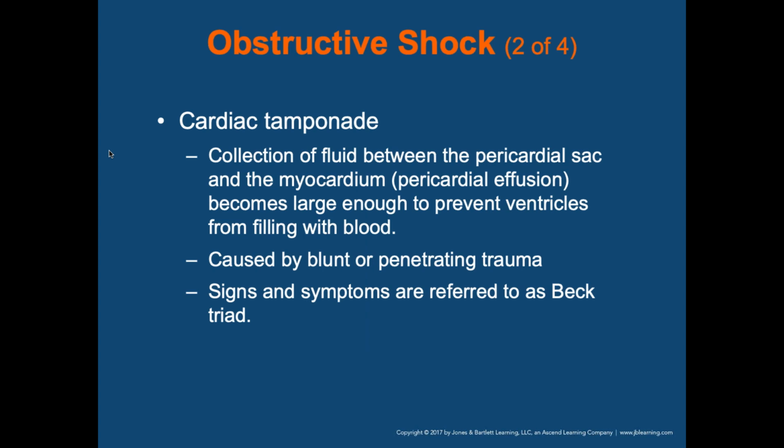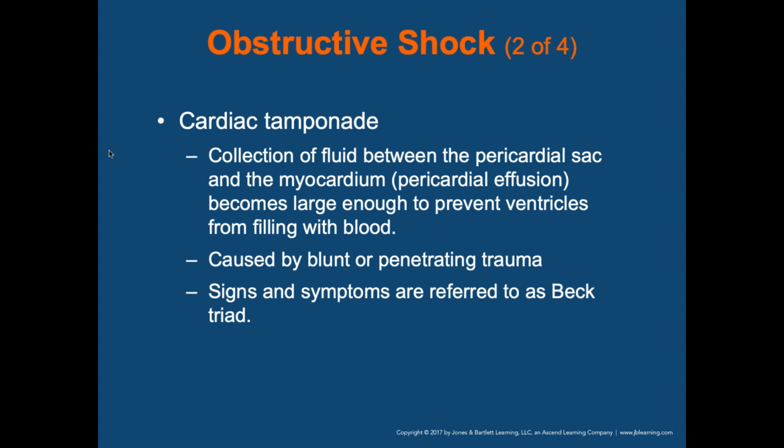So Beck's triad is a collection of three clinical signs associated with a pericardial tamponade, which is due to excessive accumulation of fluid within the pericardial sac of the heart. The three signs you're going to see is hypotension. You may want to write these down because you'll probably see them again. Hypotension, muffled heart sounds, and weak or narrow pulse pressures.